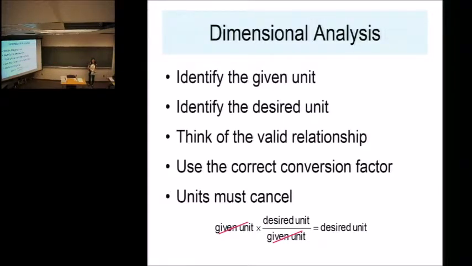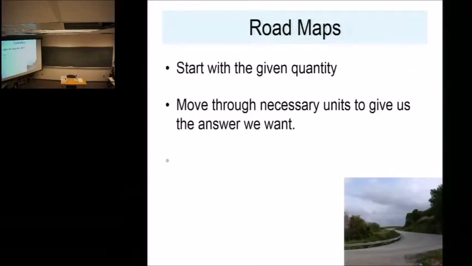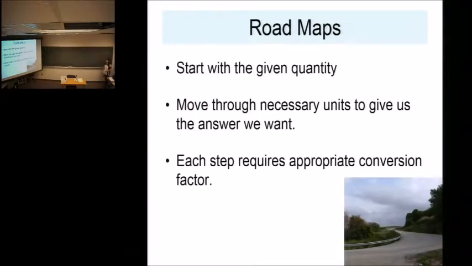So I'm going to do that. I'm going to go from milligrams, and I'm going to change that to grams, and then change that to kilograms. So in this case, we're doing more than 1 conversion factor. And when we do that, we write what's called a road map. A road map helps us understand what the units are that we're going to change from one to the other.